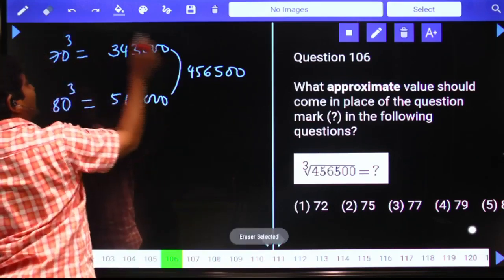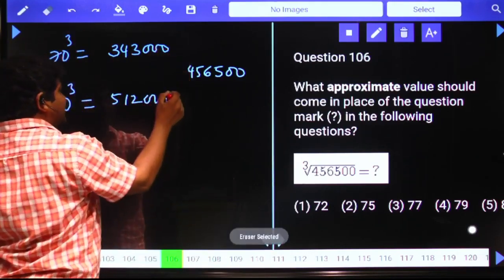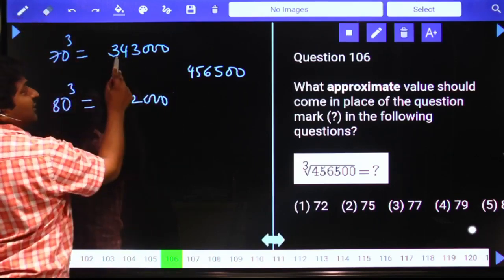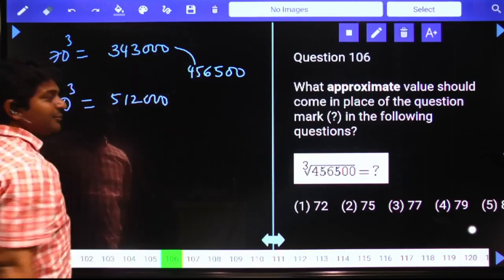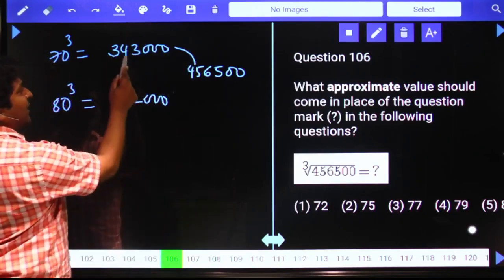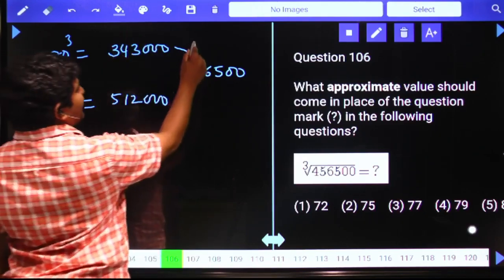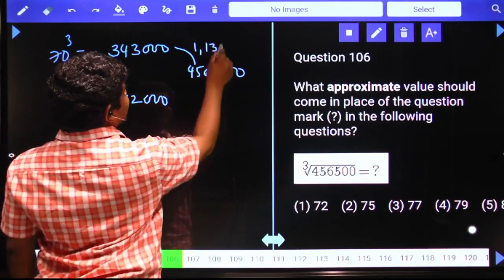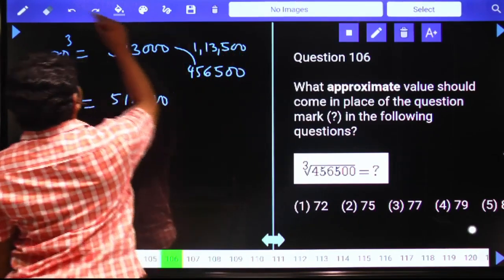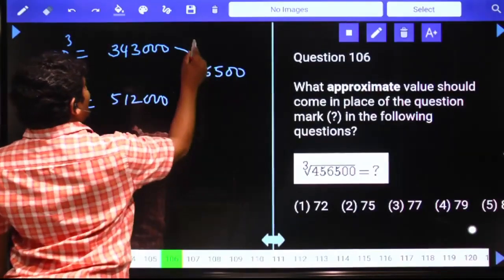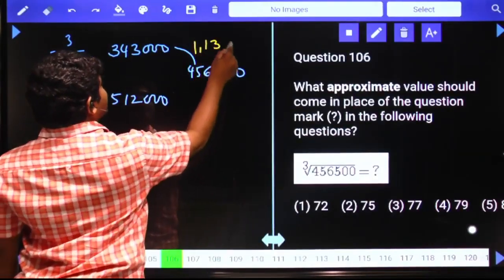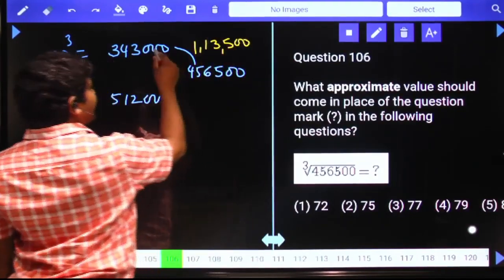Now here, observe the difference between 3,43,000 to 4,56,500. Observe the difference here. That is 1,13,500. Let me use another color. 1,13,500 is the difference between these two.